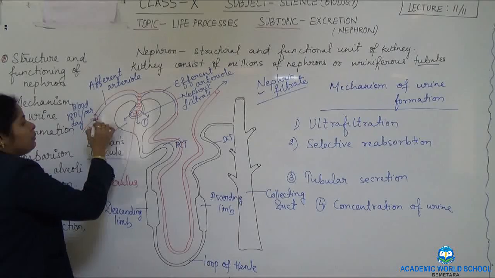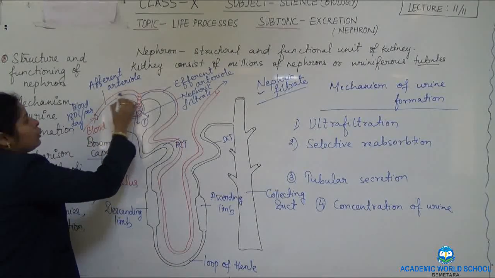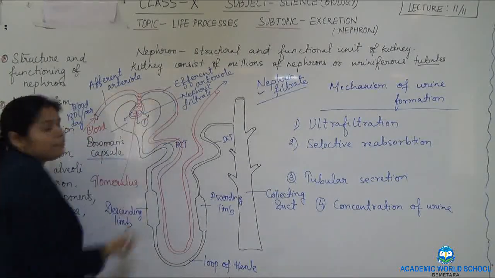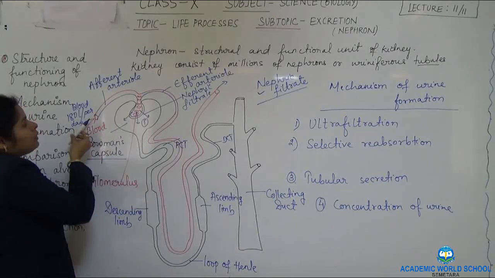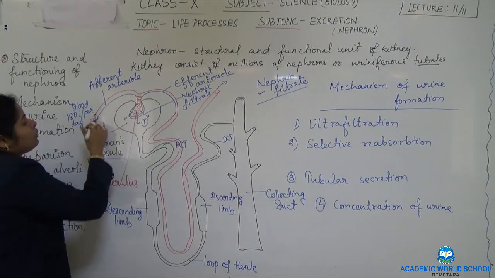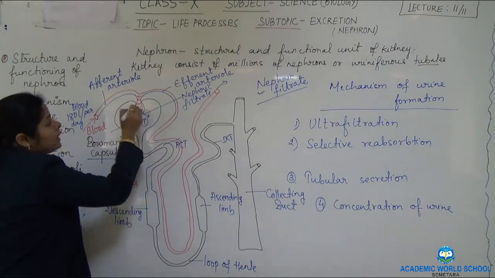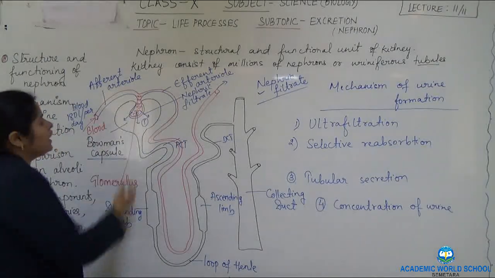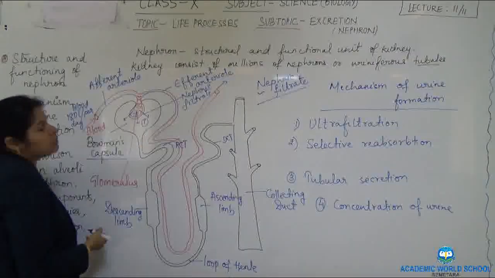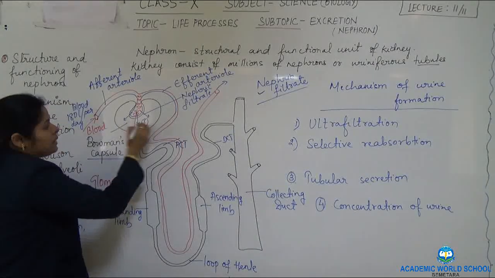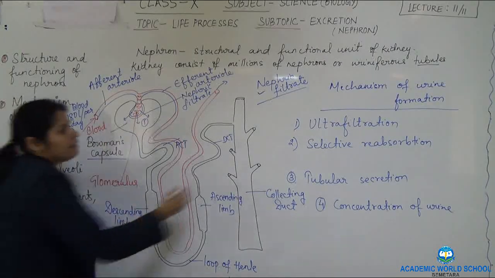Because the diameter of the afferent arteriole is more than the diameter of the efferent arteriole, when the blood moves from a more diameter tubule to a less diameter tubule, pressure will be exerted and the liquid will ooze out into the Bowman's capsule, and this first step we call ultrafiltration.